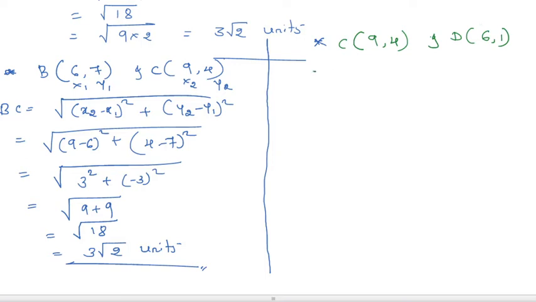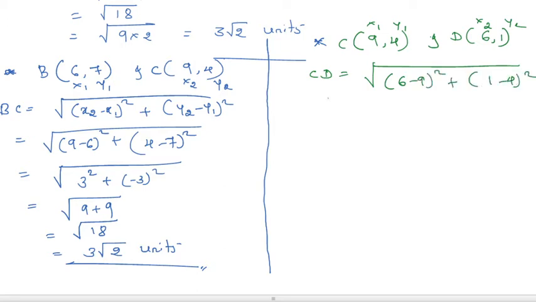By using the formula, x1, y1, x2, y2, same process, CD is equal to square root of (6 minus 9) square plus (1 minus 4) square. You will get again 6 minus 9 means minus 3 bracket square plus minus 3 bracket square.